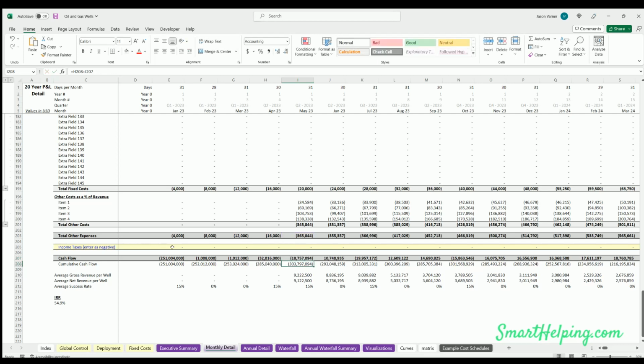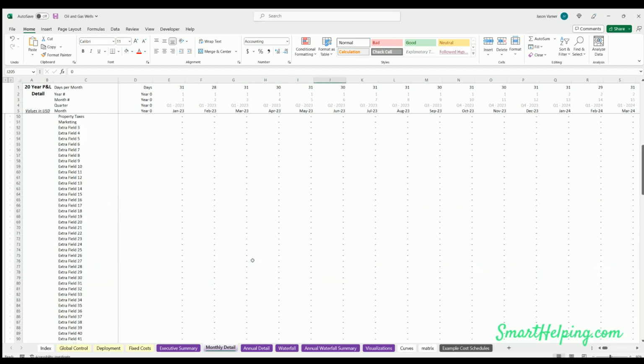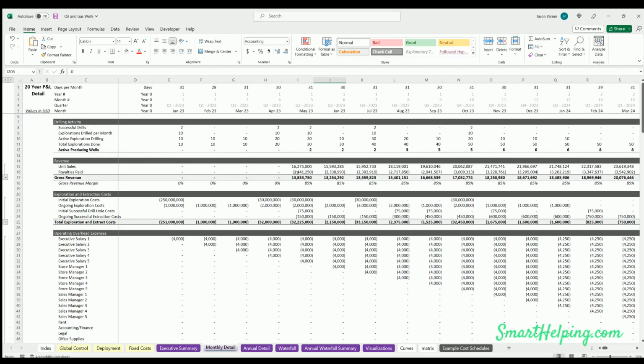Now for taxes, there are so many factors with taxes. So what I did is make this a manual input where the user can just define what the expected monthly costs for taxes are. Likely going to be some combination of your net revenues.